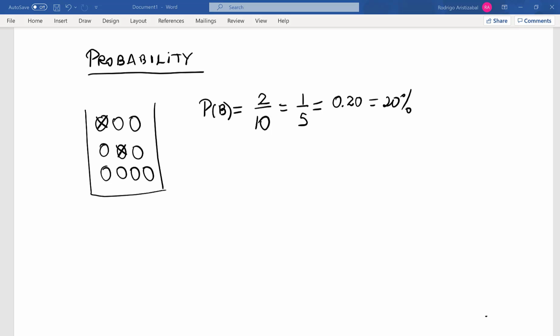This measurement is associated with selecting a black ball from a bag that has 10 balls, 2 of them black. Then in 20% of the cases that we do this procedure, we are going to obtain a black ball.